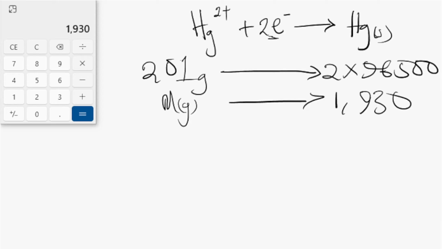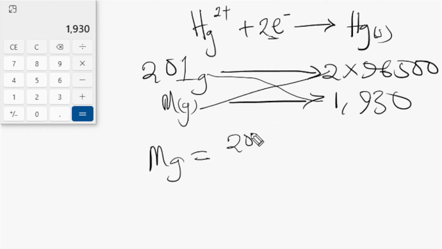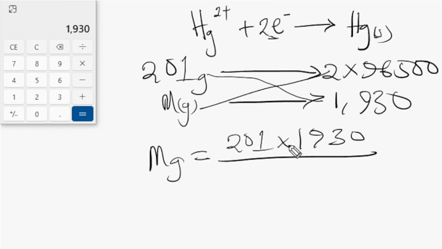So, and then to get the mass, we're going to cross this out. So let's say mass will be this times this, 201 times 1,930 over this, that's 2 times 96,500.